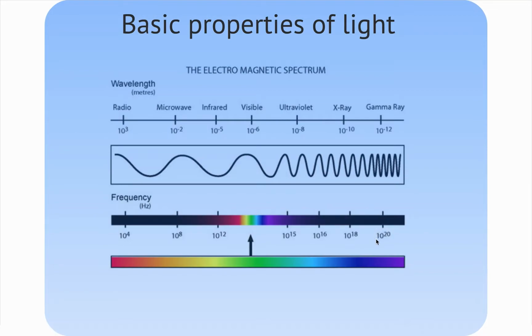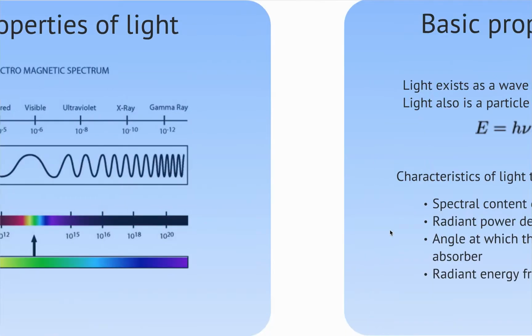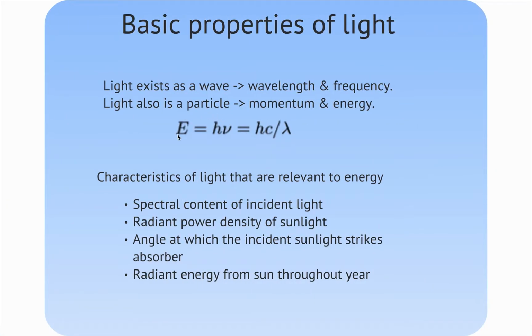For instance, the gamma ray photon here, which has 10 raised to 20 hertz, is about 10 raised to 16 times more energetic than a radio wave photon. So it's a linear relationship between frequency and energy, as you can see in this equation. That's the intuition I want you to gain from this.